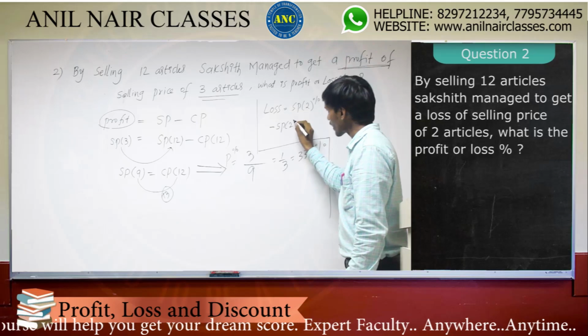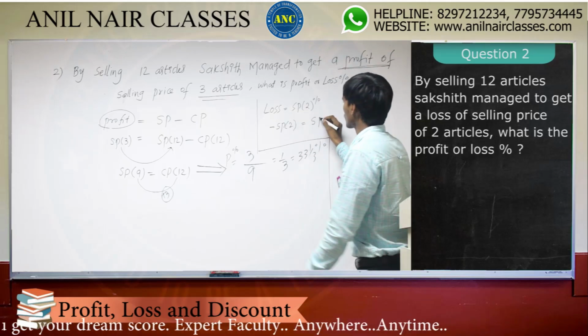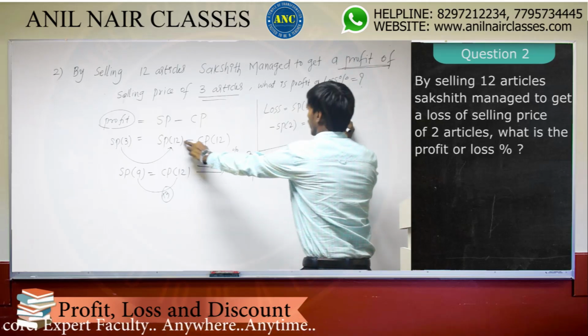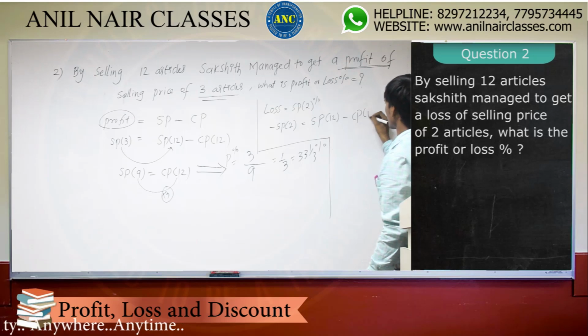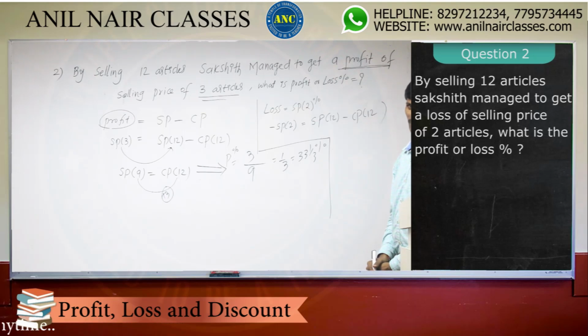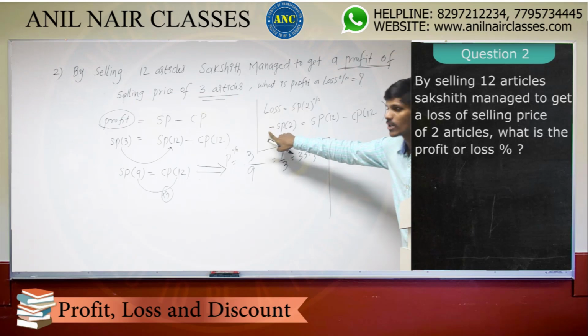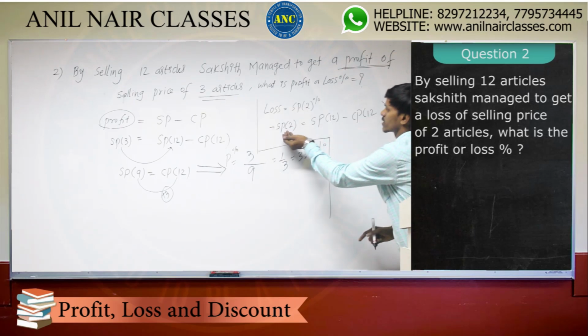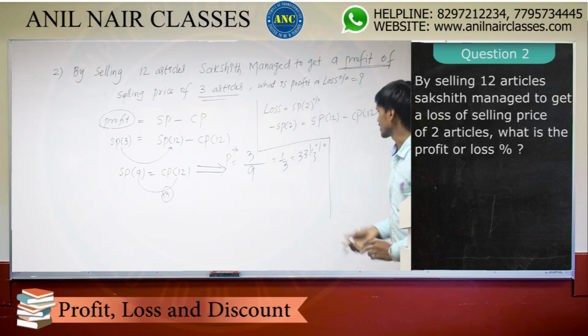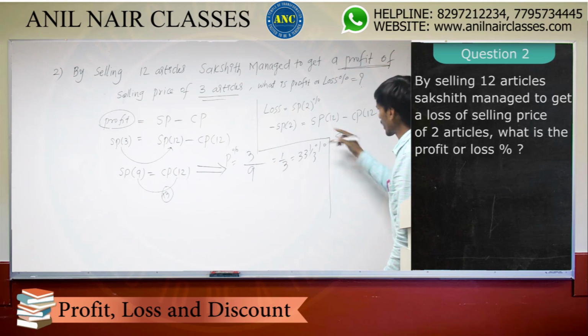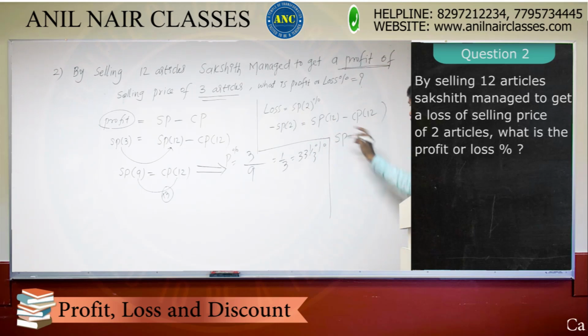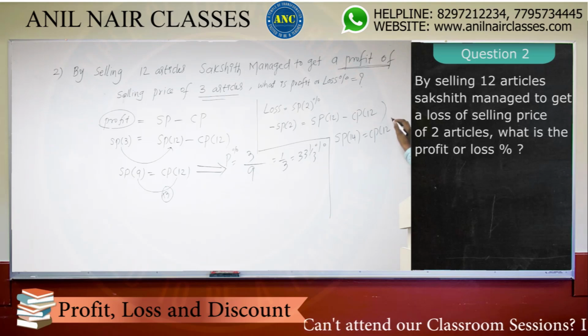Minus selling price of 2 articles will be equal to selling price of 12 articles minus cost price of 12 articles. Okay, there is a loss of selling price of 2 articles, so I am representing it with minus. Now again send the selling price to the right side. Then it will be selling price of, minus will become plus, 12 plus 2, 14 will be equal to cost price of 12.